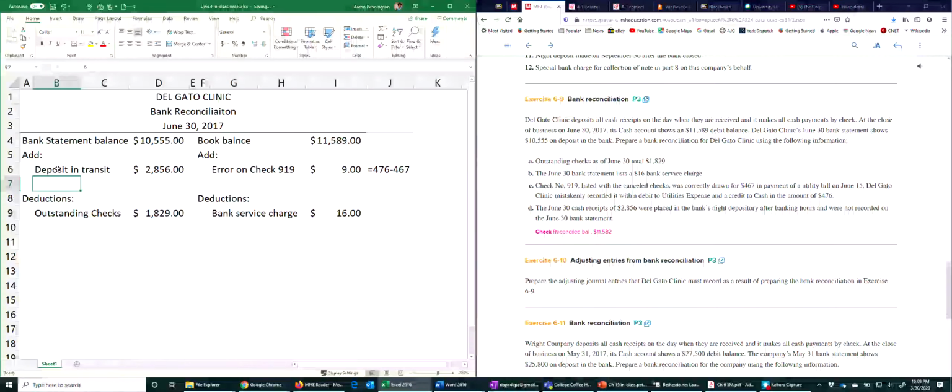So we've journalized transactions A through D, and it works out that we have one of each addition and deduction in each column. If we had multiples, we might do subtotals, but since we only have one, we'll skip subtotals. And the next step is adjusted, and actually we'll just call this adjusted balance.